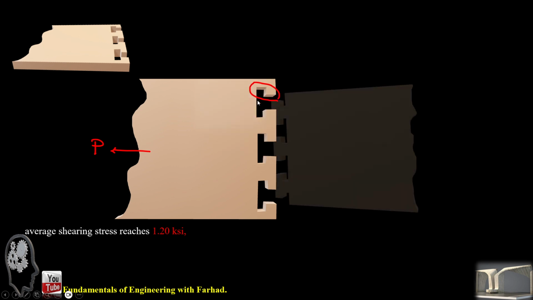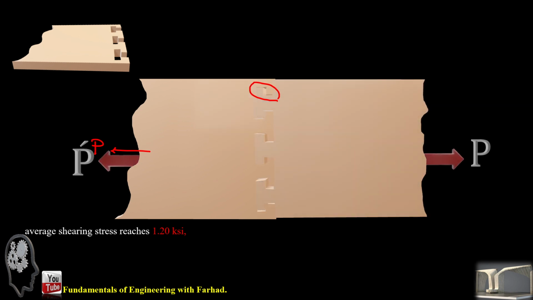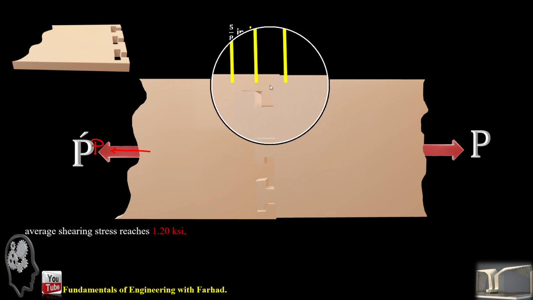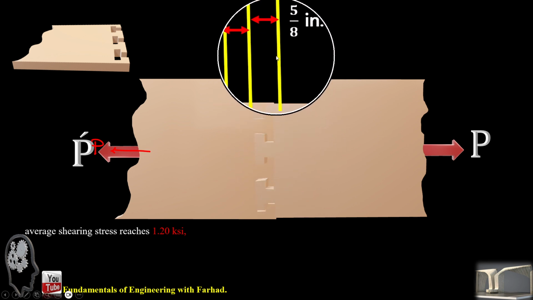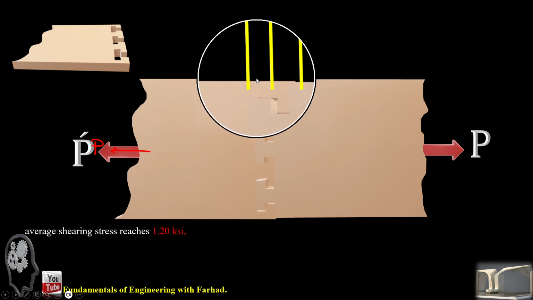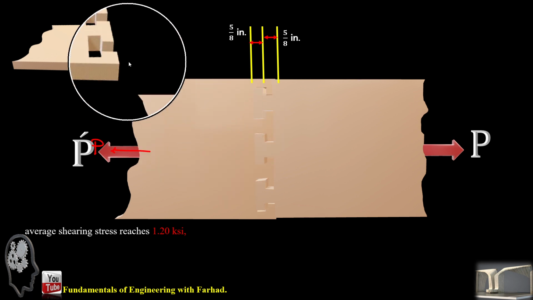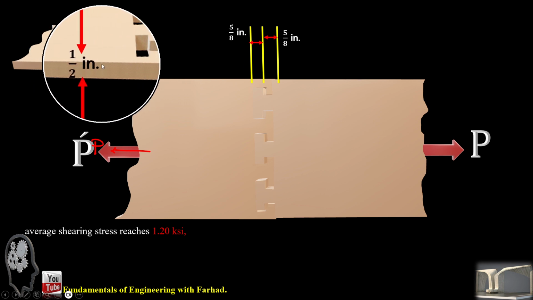So the dimension of that area is provided, which we already know. Their length is provided to be 5 over 8 inches for each part, and then the thickness of the plate is 1 over 2, or half an inch.